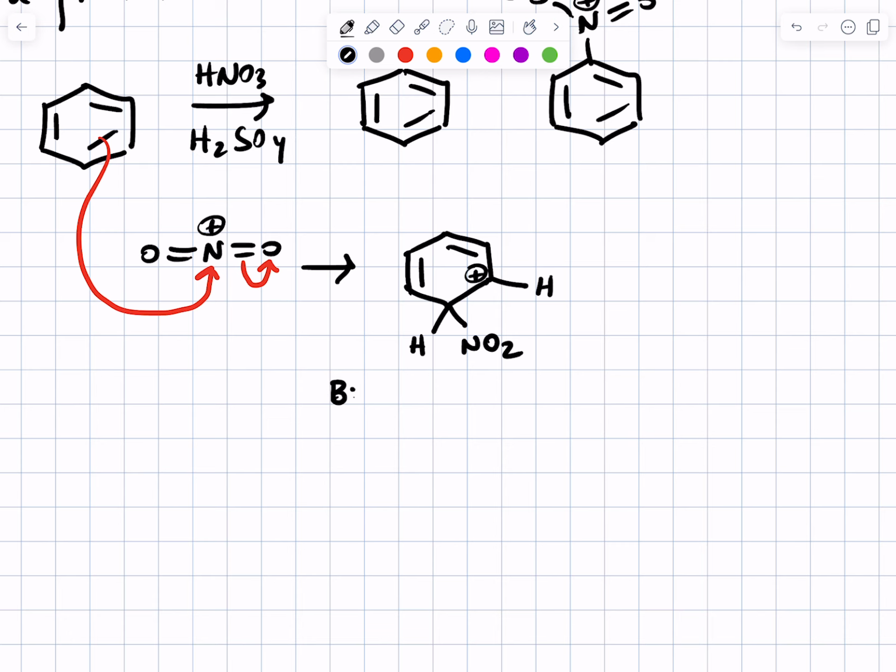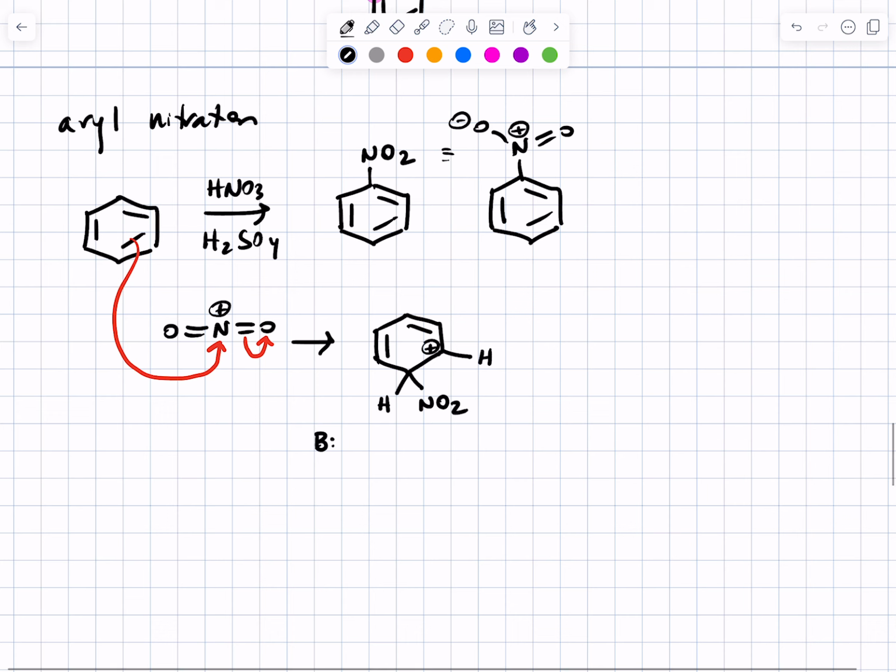Then in a second step, a base, probably the conjugate base of sulfuric acid, does the elimination step, and we restore aromaticity to get that product. So, following the same pattern of addition to a high energy electrophile, then elimination to restore aromaticity.